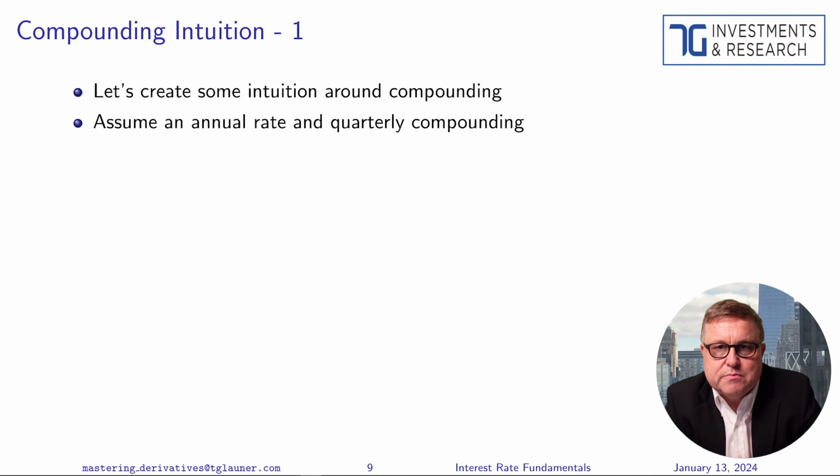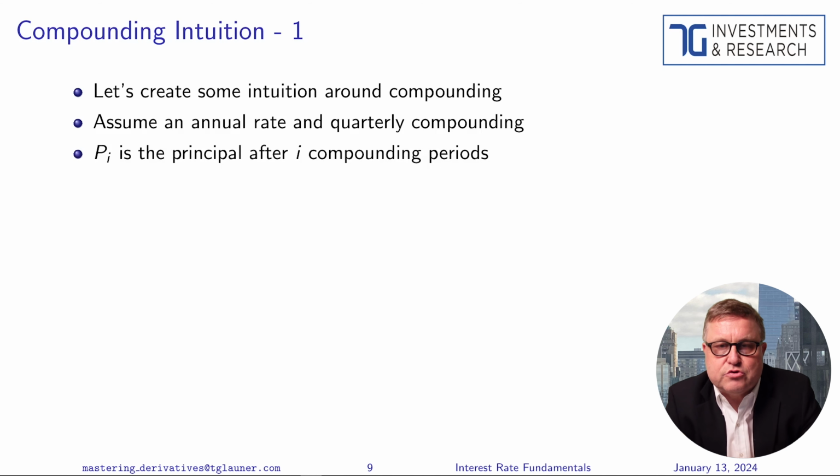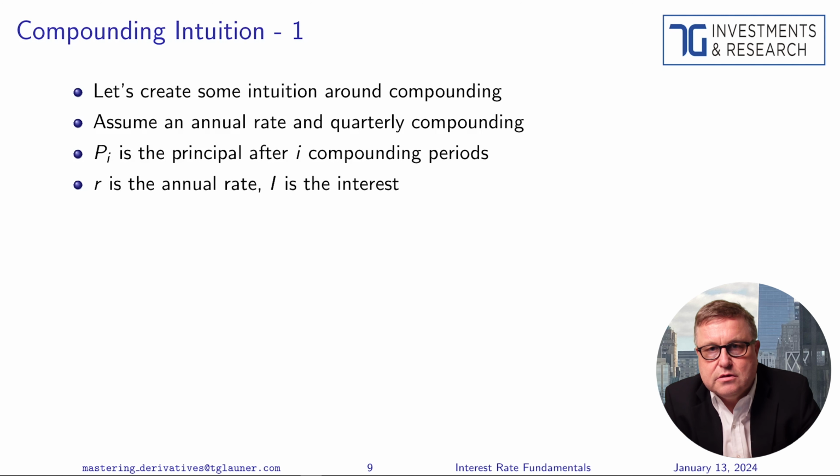So, as I just mentioned, we illustrate the concept of compounding using an annual rate and use quarterly compounding to calculate the interest. In this illustration, Pi represents the principal after i compounding periods.